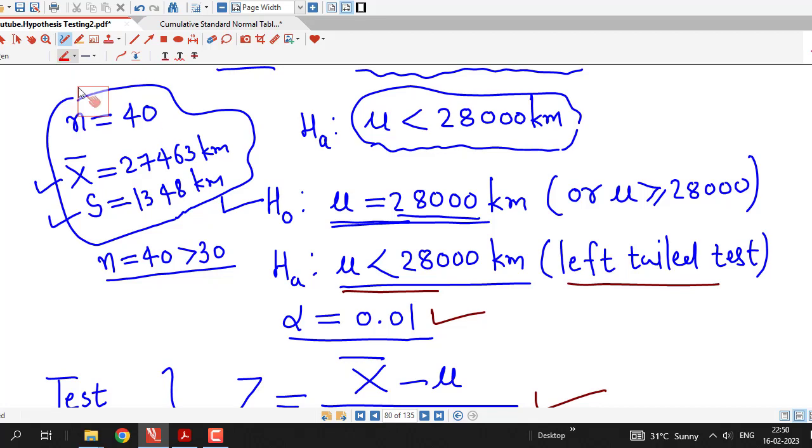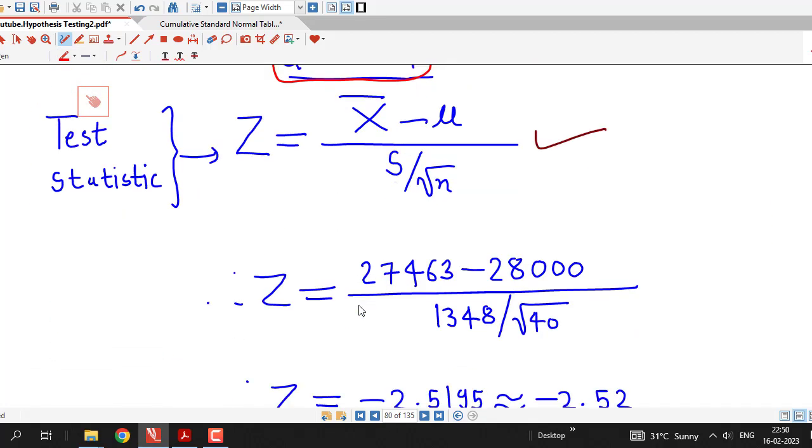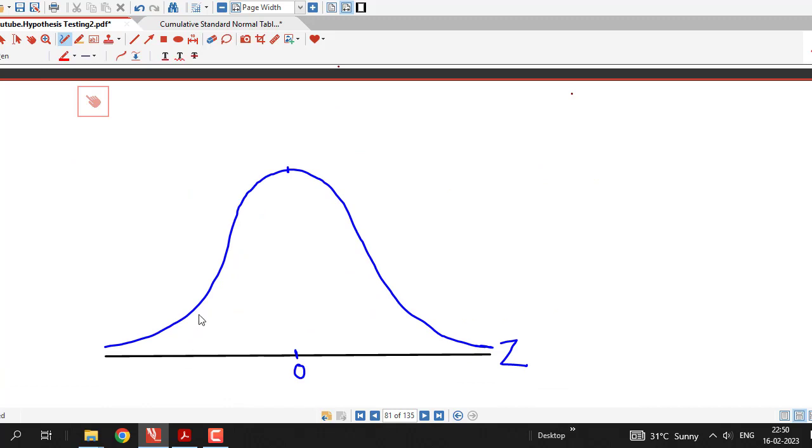Therefore we will consider 0.01 area in the left tail. So for example, suppose this much area is 0.01, then here also this much area will be equal to 0.01, and this point will be denoted by z suffix 0.01.